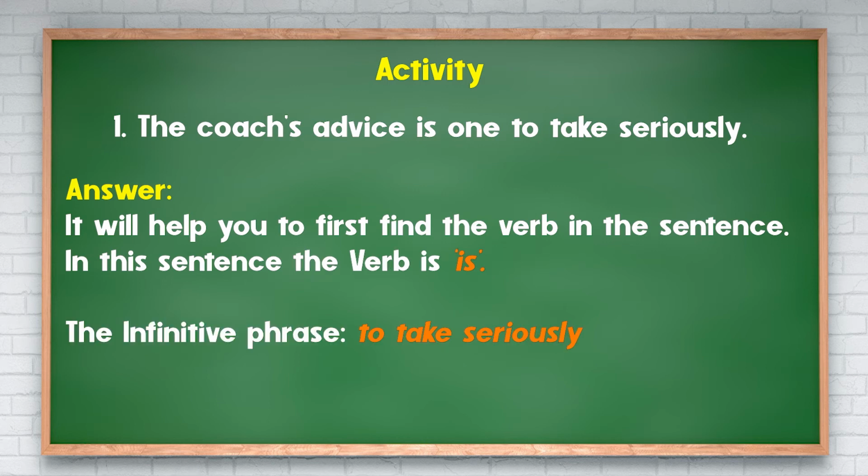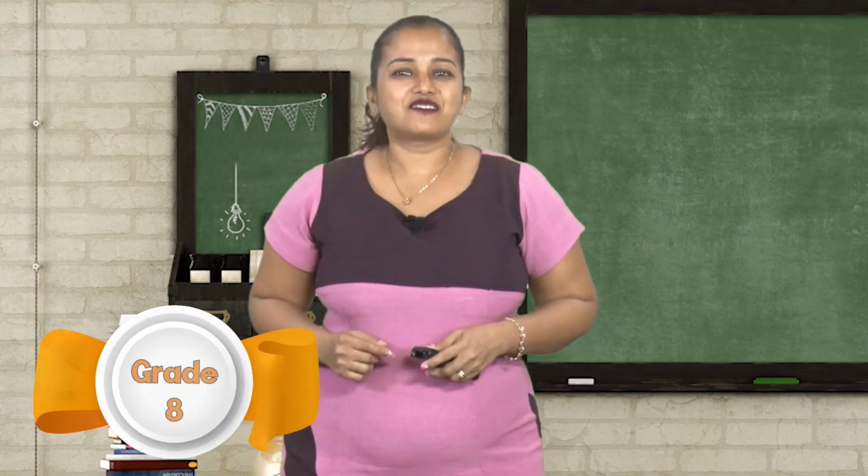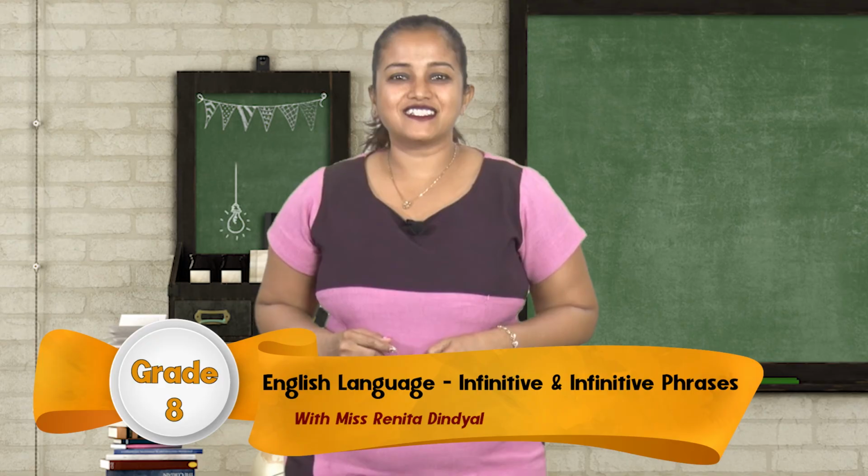If you have identified to take seriously as the infinitive phrase, you have done well. Now, what is the function of the infinitive phrase here? That's right. The infinitive phrase to take seriously functions as the adverb in this sentence. Yay! Give yourselves a round of applause.